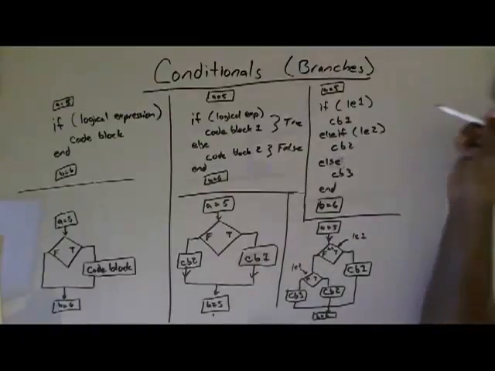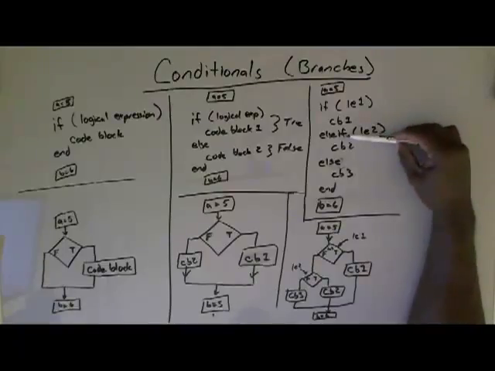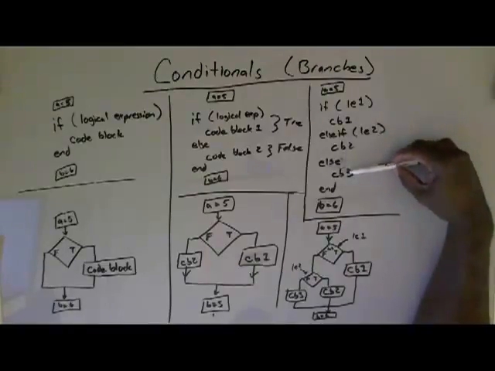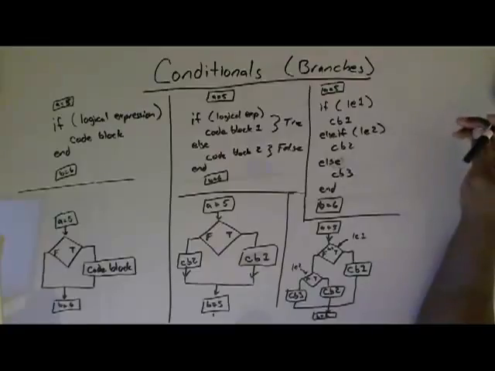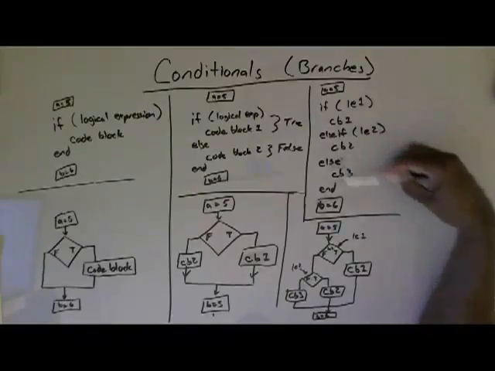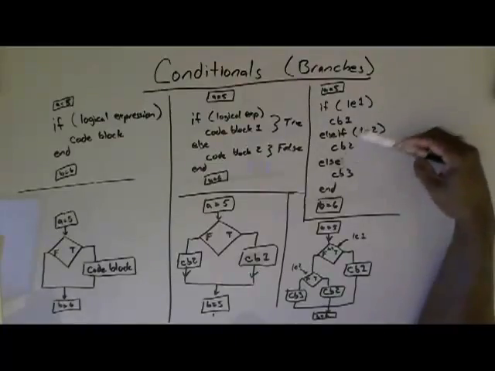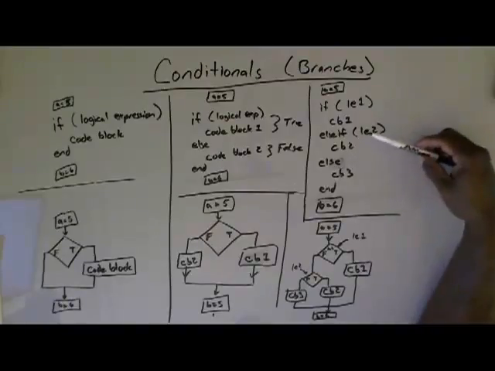Now, this thing can get tricked out many different ways. You can put as many else ifs in here as you want to. Okay? And this else statement is optional. You may or may not have this else statement, right? So this version can take on many different forms depending on what problem you're trying to solve, which gives the computer the semblance that it is actually thinking and making decisions.